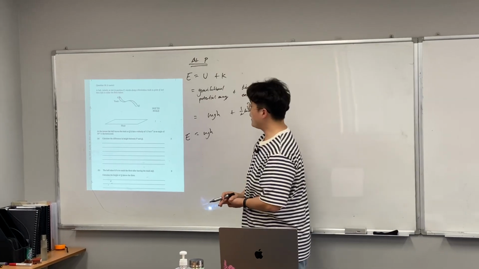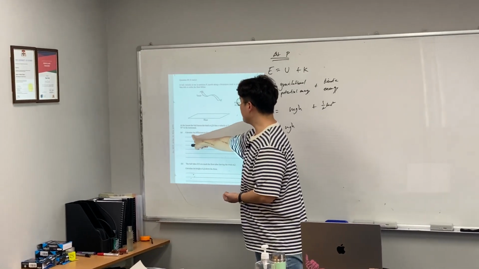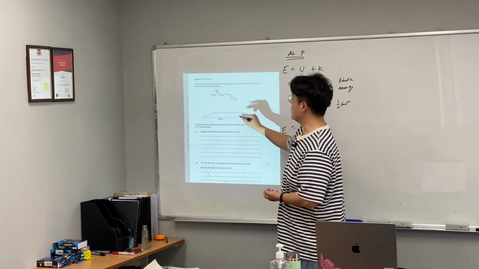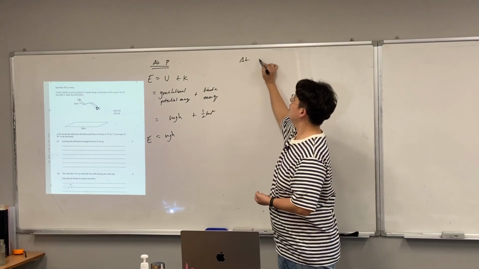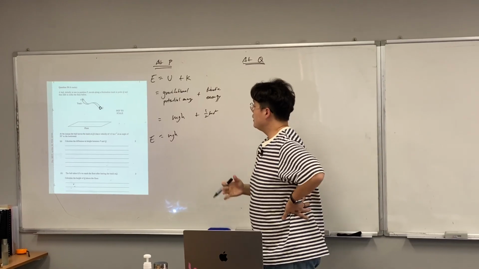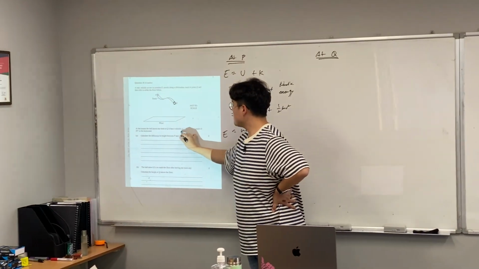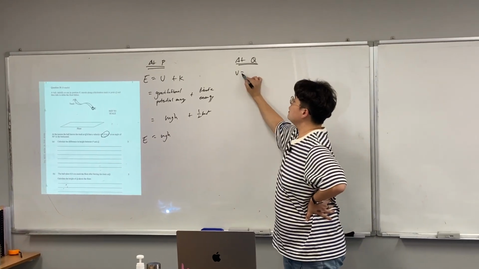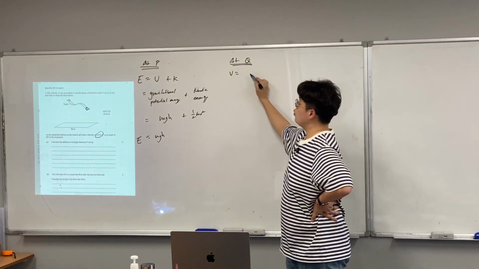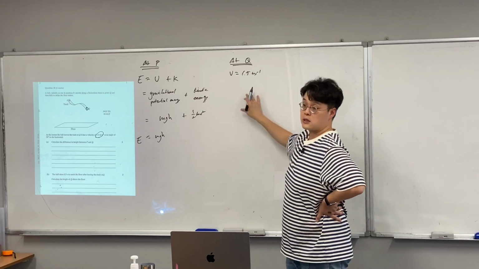Now consider what happened. The question asks you to calculate the difference between the height of P and Q. Think about at Q. Given here, we can take the velocity of the ball at Q as 1.5 meters per second.